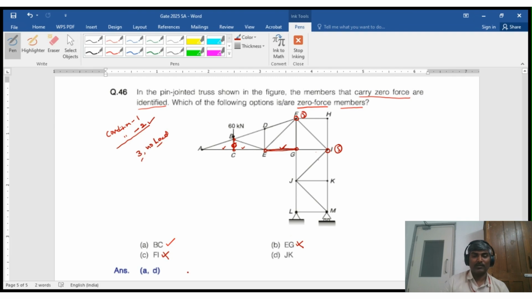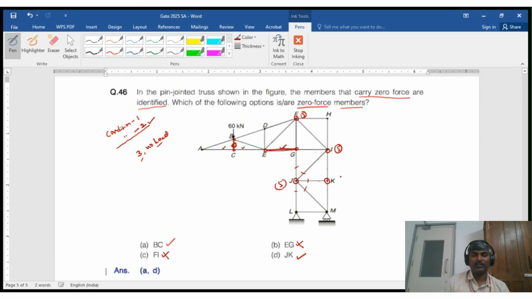Coming to JK, either joint J or joint K, you need to look at. Joint J has 1, 2, 3, 4, 5 members. Joint K has 1, 2, 3 members.